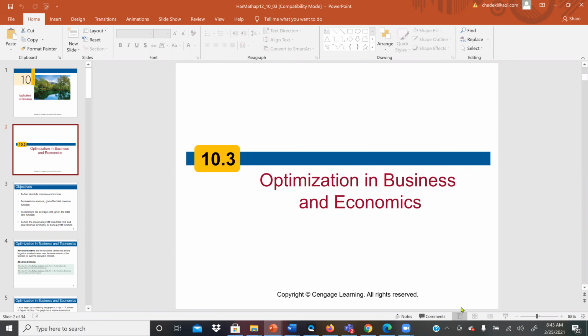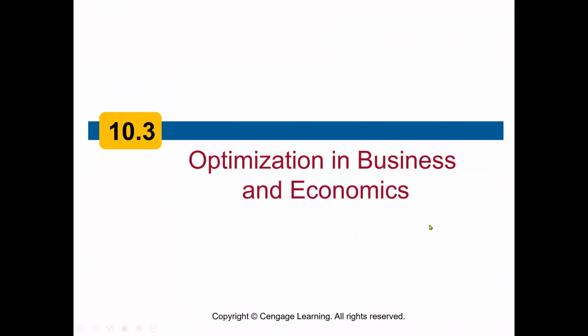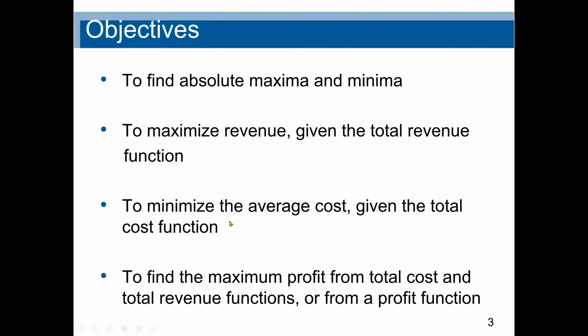Again, this course is a business calculus, so most of the application problems in the textbook are related to business and economics. So we are not going to cover a new topic here. Absolute maximum and minimum is almost the same as relative maximum and minimum.